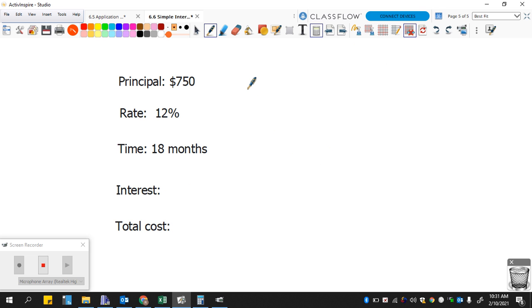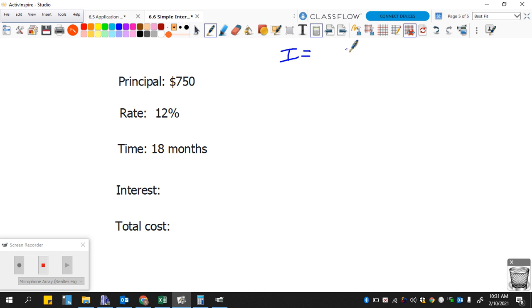All right, and one last one. We're looking at investing $750 or borrowing $750, probably borrowing because it's a 12% rate. So if we borrow $750, say to buy something, then we want to find out what our total cost is going to be. First of all, we need to find our interest, then we're going to add that.